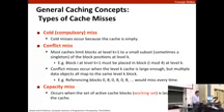Now, there's another kind of miss, which is called a capacity miss. These misses are due to the fact that the cache is just a certain size. In the example we looked at, we only had 4 blocks.